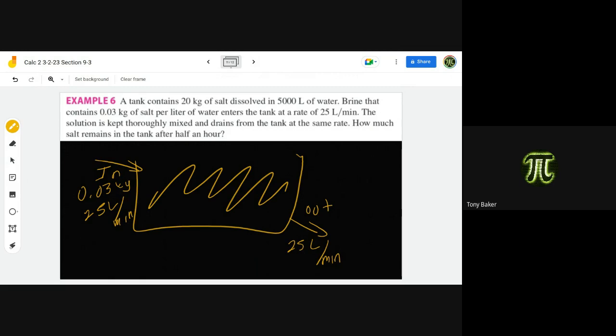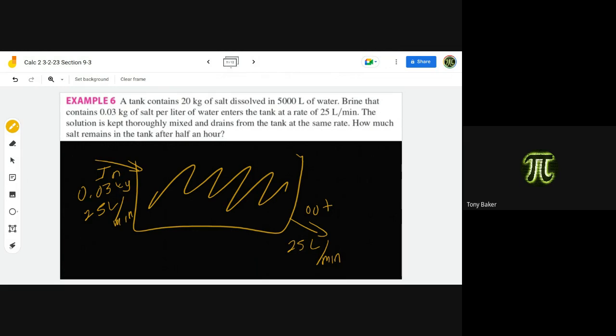If we want to compare what's in the tank to what's coming in, we have to get them the exact same. You can do this one of two ways. We can take this and make it 5,000, which is what I did by multiplying by 5,000, or you can take that and divide it by 5,000. So you can figure out how much salt per liter we have in the actual tank already. Either way, you got to get the units to be equal.